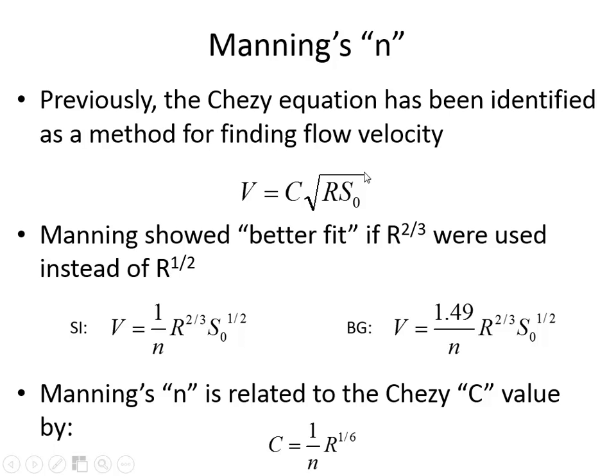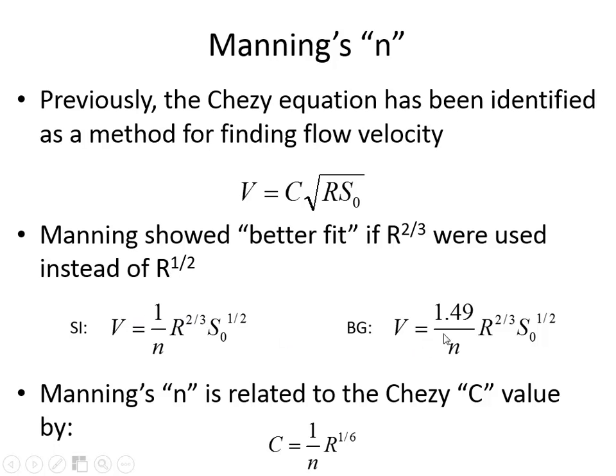But what Manning showed was that the data, the predictions of flow depth, fit the equation better if hydraulic radius to the 2/3 were used instead. And so slope is still to the 1/2 power in the Manning's equation, but hydraulic radius is to the 2/3.